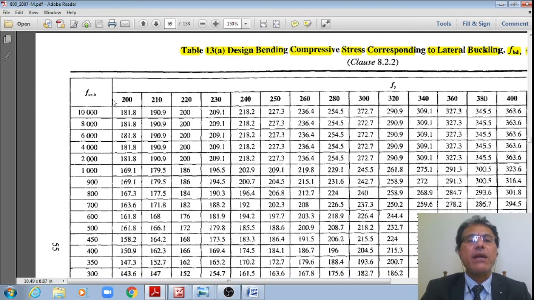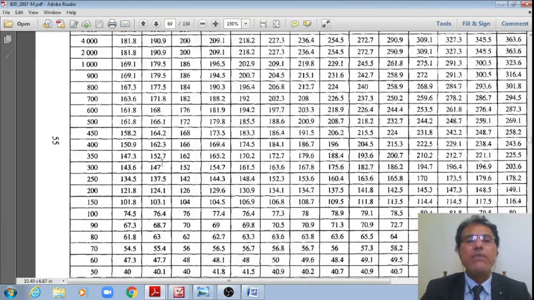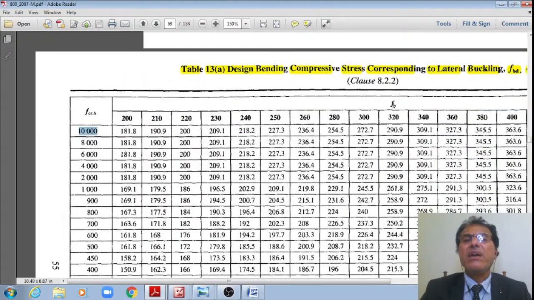For FCRB 10,000 and so on and so forth up to a value of 10, for different slenderness values, right? Therefore, if I have this slenderness value 250, now I already know what is FCRB.